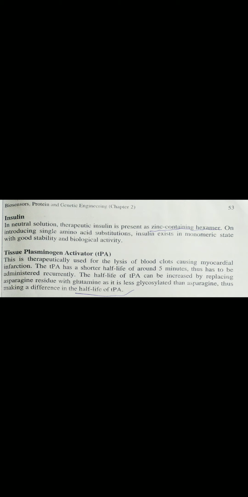This TPA has a shorter half-life of about 5 minutes, so we have to administer it recurrently. By adding a single amino acid, we are improving the half-life of TPA.